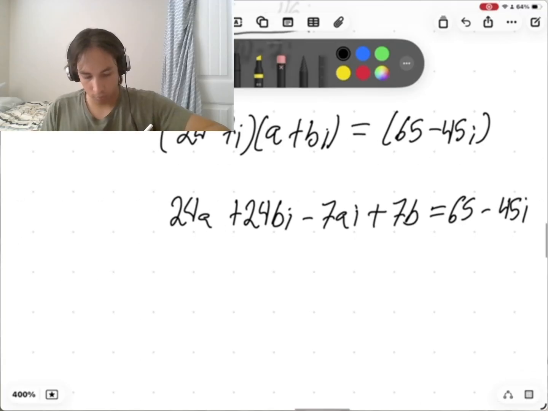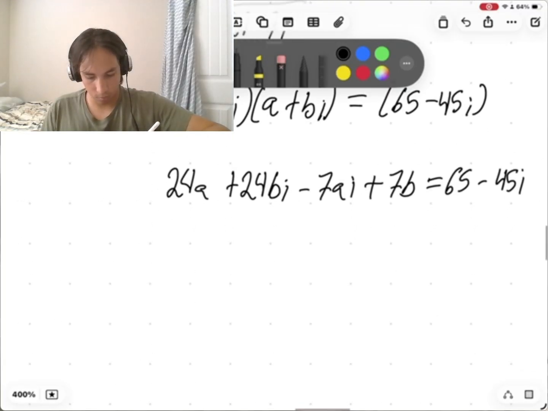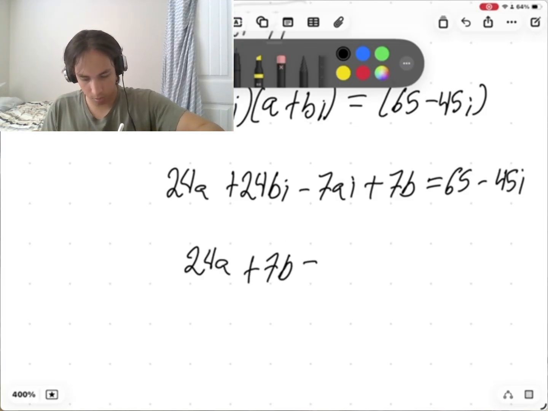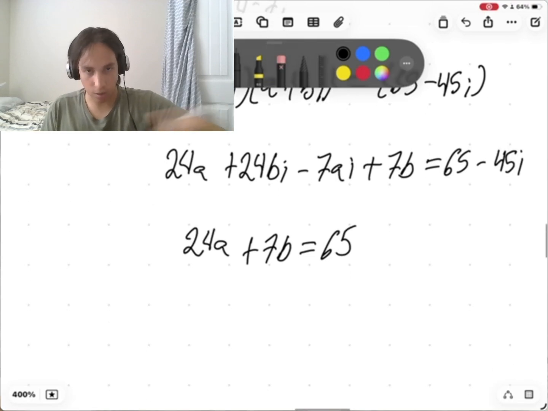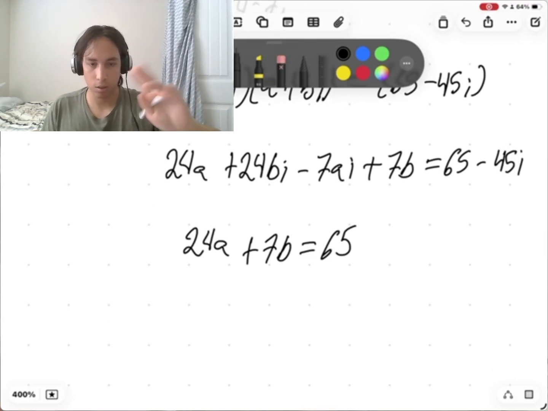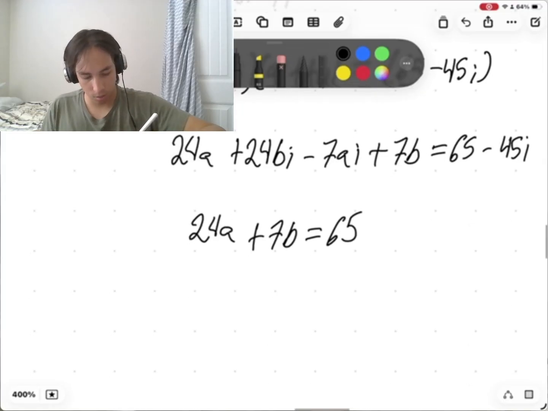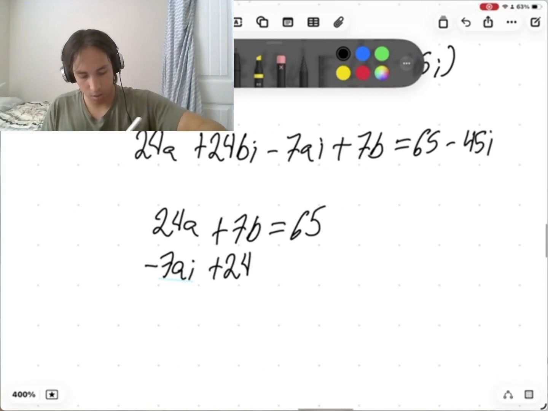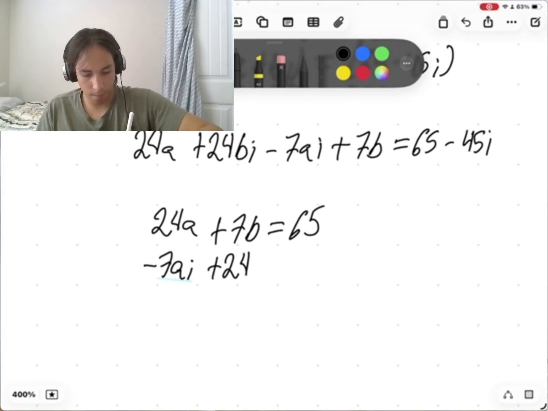Then we have 24a plus 7b equals 65, since real numbers go with real numbers. And then negative 7ai plus 24bi equals negative 45i.